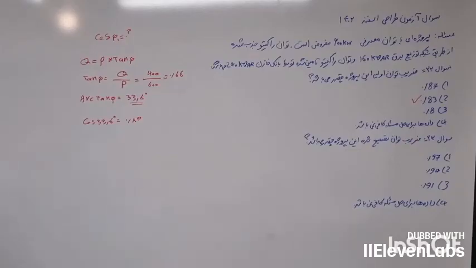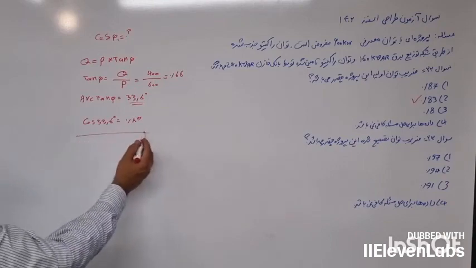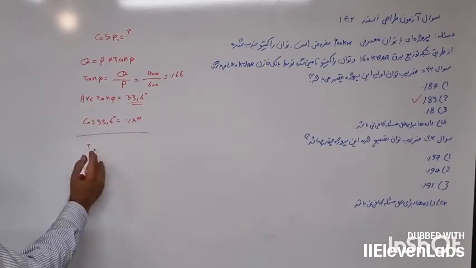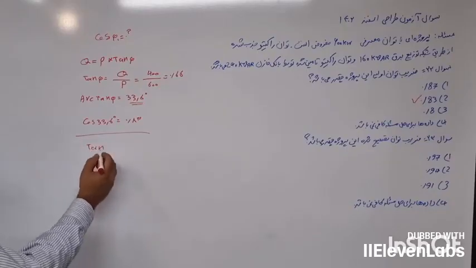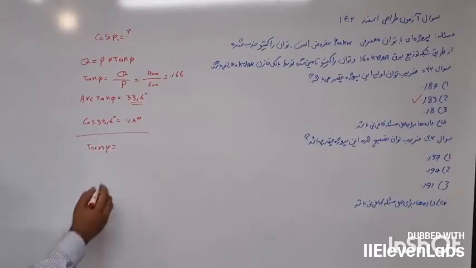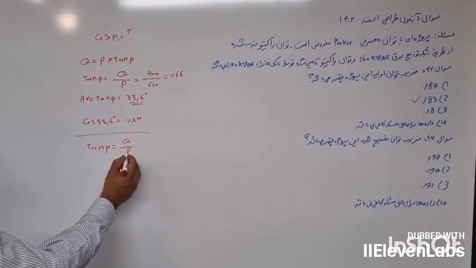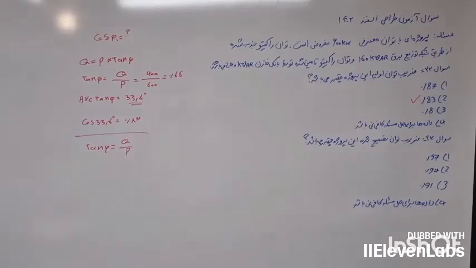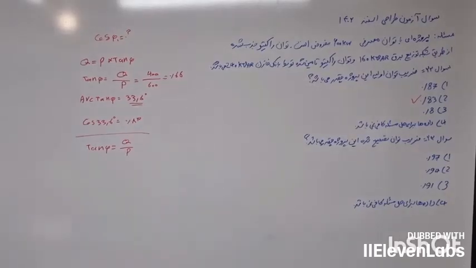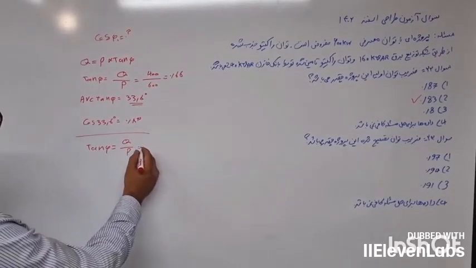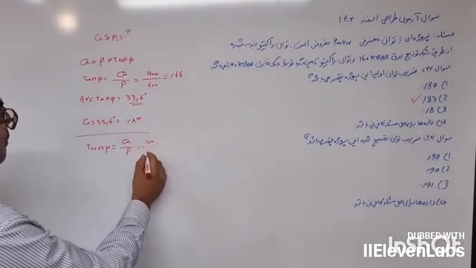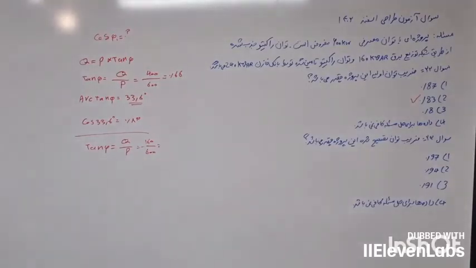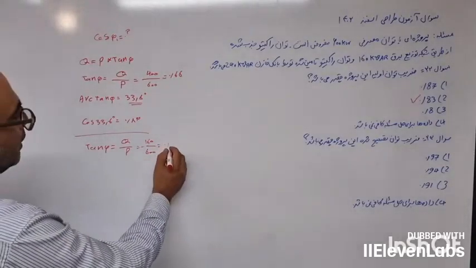Again, we use the same formula above for the tangent: tangent phi equals Q over P, and here our Q is 160. Here 160 divided by 600, if you calculate this with a calculator, we reach the number 0.266.